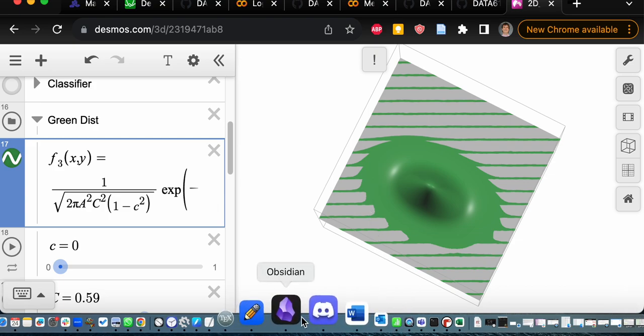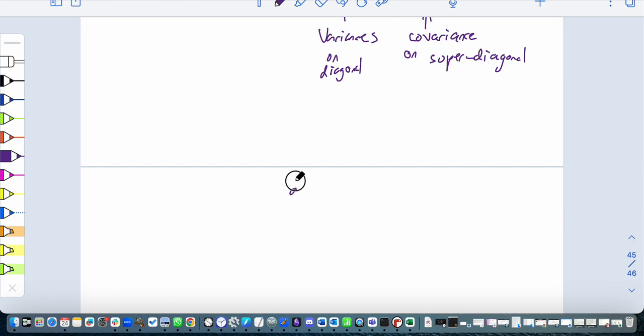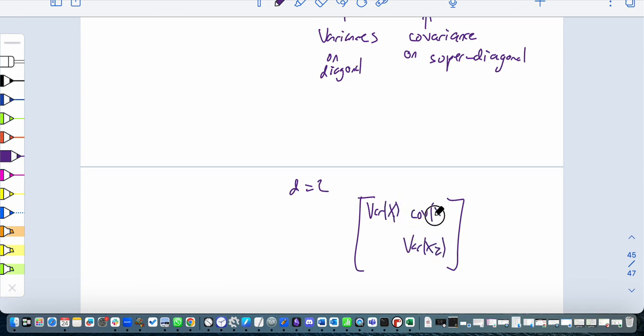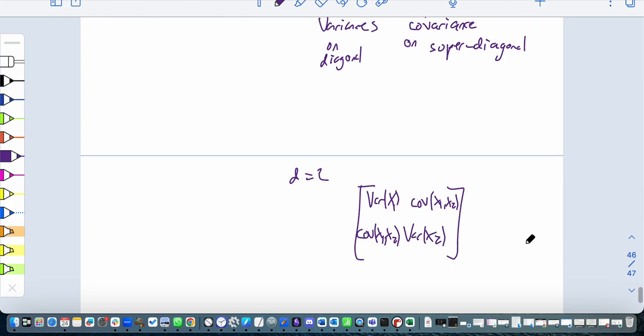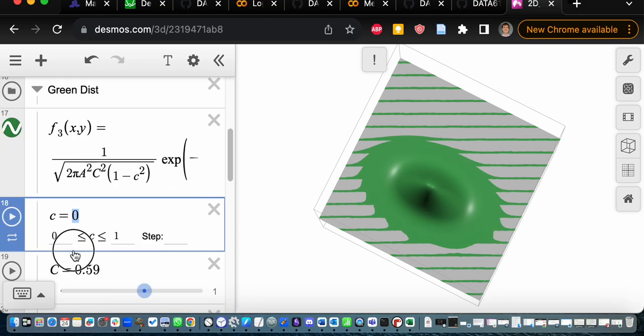Let's draw what this looks like in 2 dimensions. So when d equals 2, you have a 2 by 2 matrix. You have the variance of x1, the variance of x2, and the covariance of x1, x2. That is appearing on the top and the bottom. And the covariance of x1 and x2 basically encodes the correlation between them. So I have a slider that is changing the correlation. This is C for correlation.